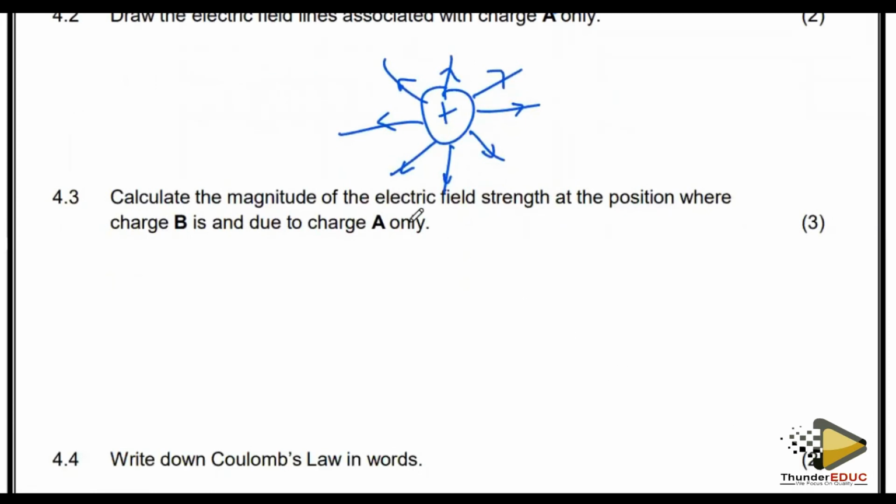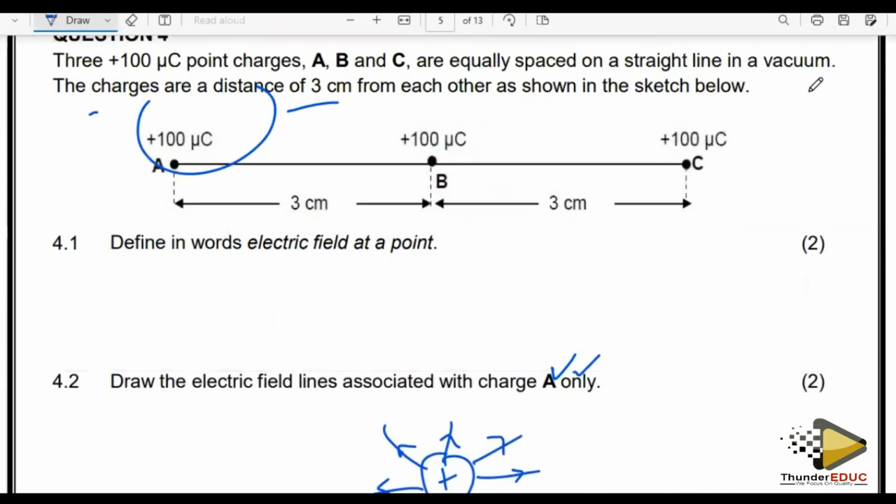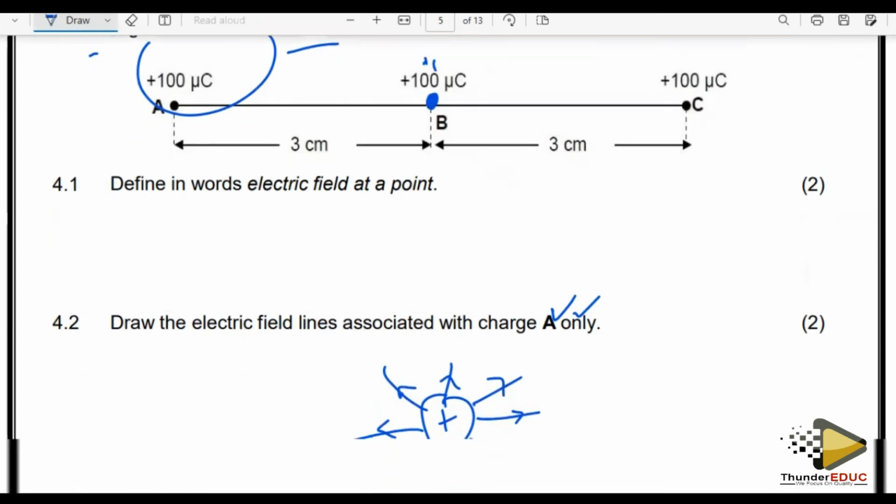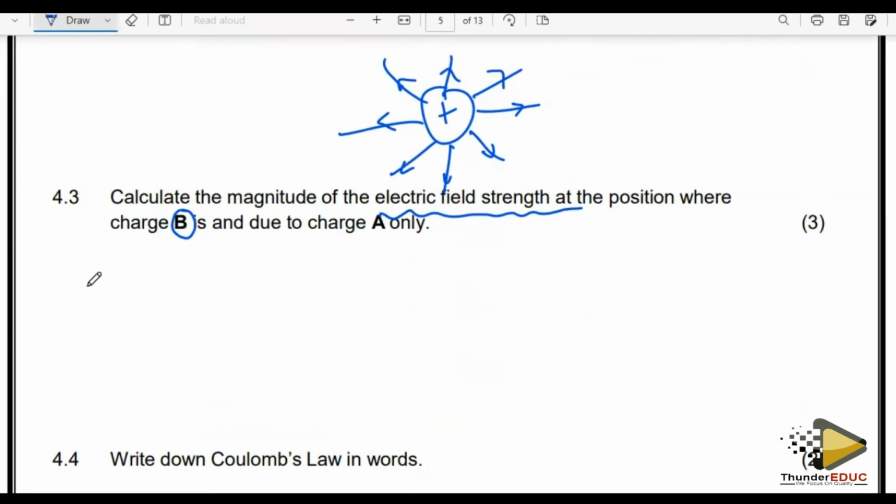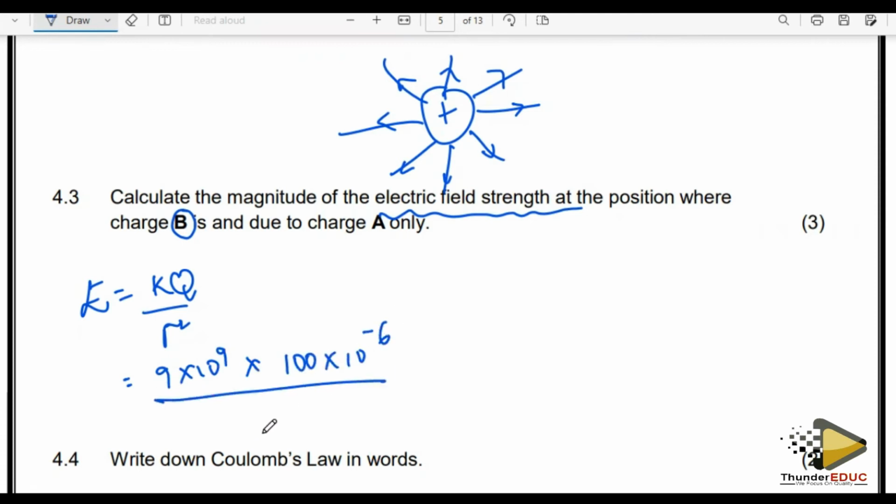4.3, they want the magnitude of the electric field strength at the position where B is, as a result of A. So the electric field at this point B as a result of A. If we place a positive 1 there, we shall ignore the charge of B. So that's going to be E being kQ over r squared. 9 times 10 to the 9, that's 100 times 10 to the negative 6, distance 3 centimeters, 0.03 squared.